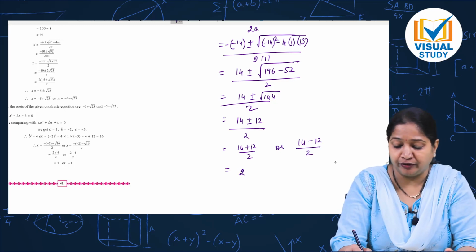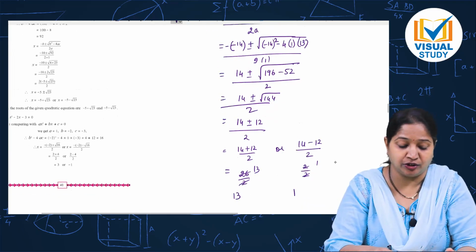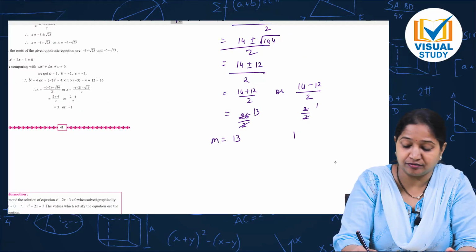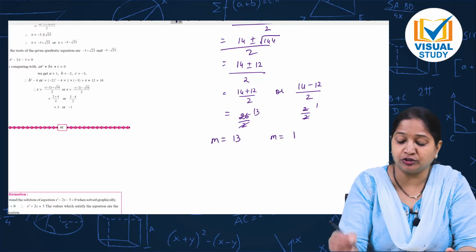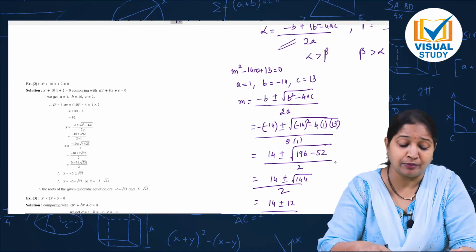You get 26 upon 2, and here 2 upon 2. 2 into 13 into 1. So 13 and 1. Your answer of m is m equal to 13 and m equal to 1. In this way you can solve this by the formula method.